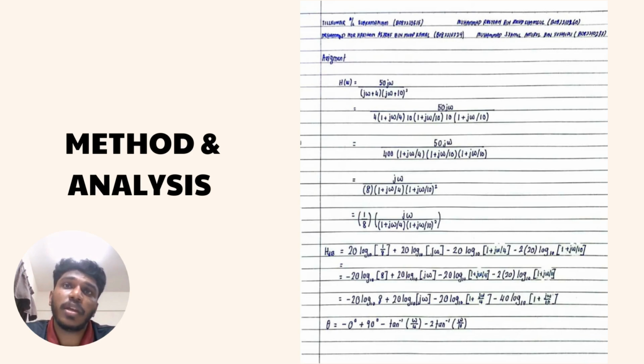So the 8 will be written down in the denominator. So it will be jω over 8 times (1 + jω/4) times (1 + jω/10) squared. When we took out the 1 over 8, it will be like 1 over 8 times jω over (1 + jω/4), then times (1 + jω/10) squared.